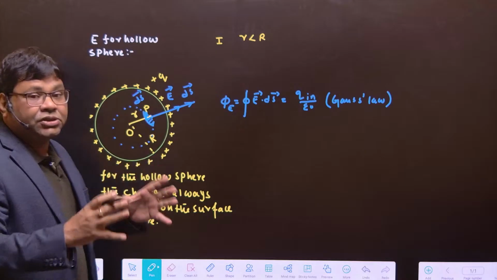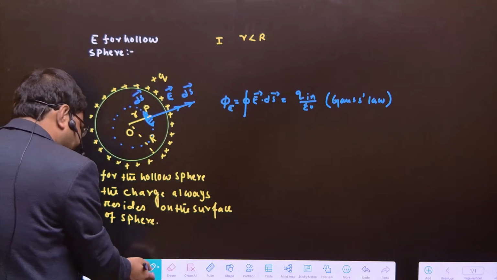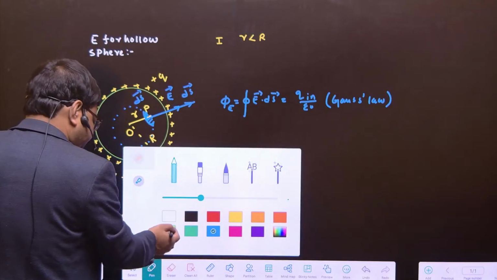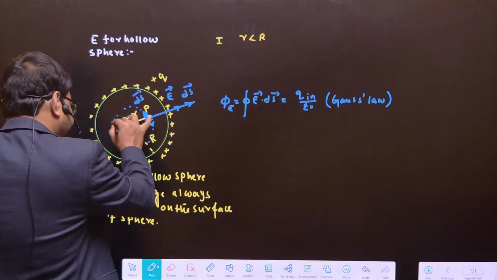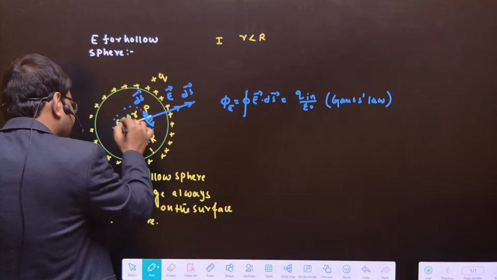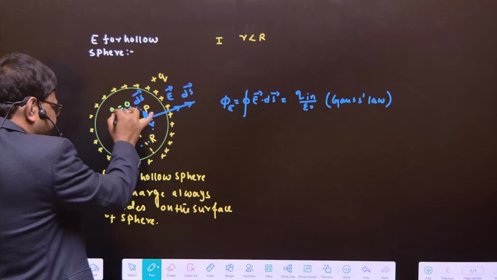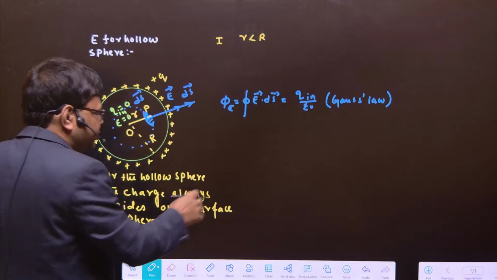But now see, it is hollow. Inside the surface electric field is 0. Here electric field is 0. Why? Now inside this, q is 0, no charge. Q in is equal to 0, then electric field will be 0. How?